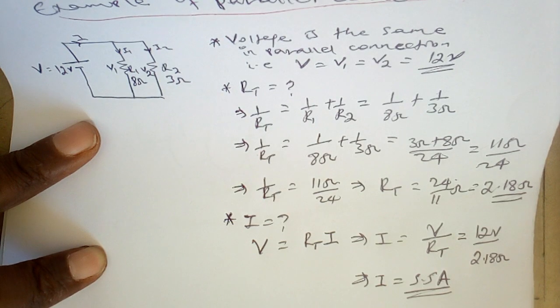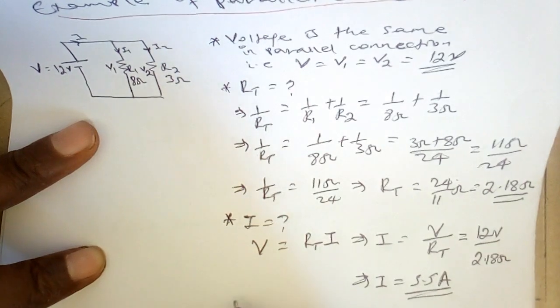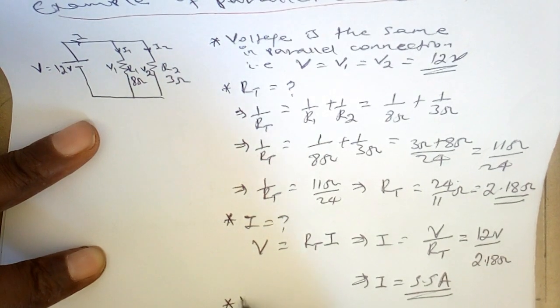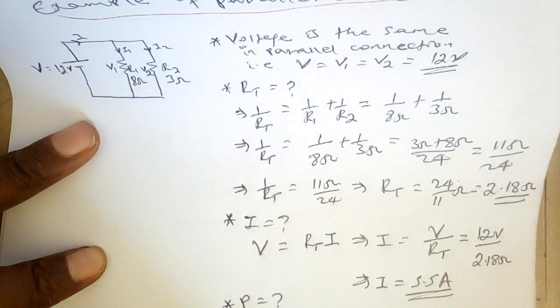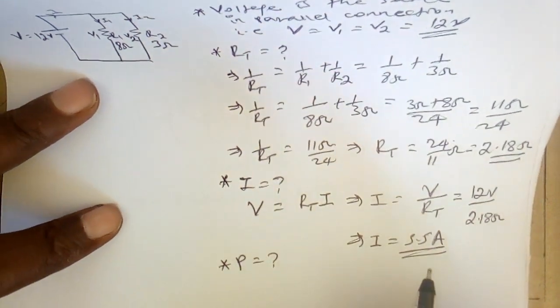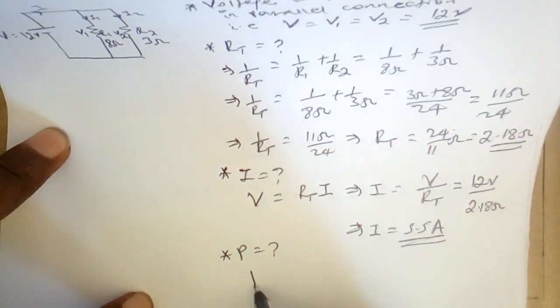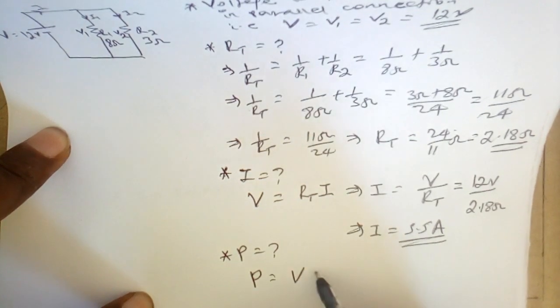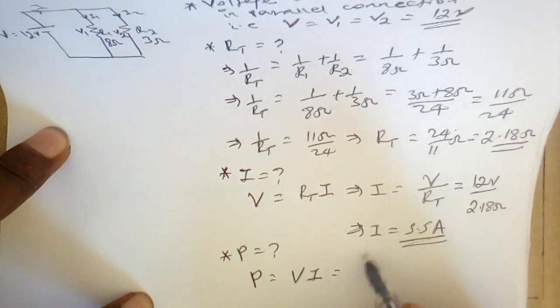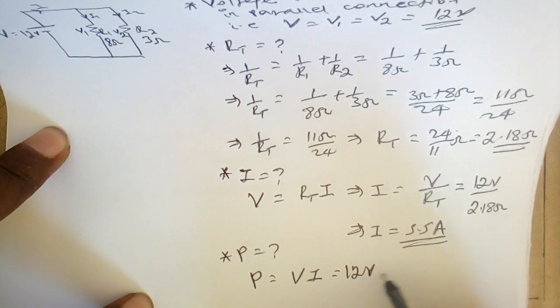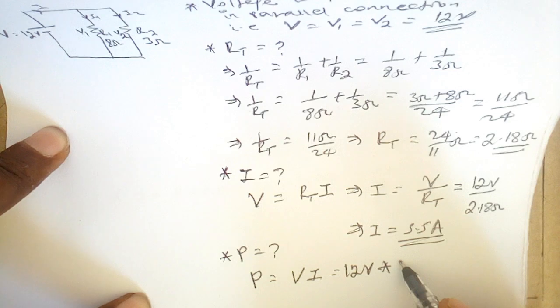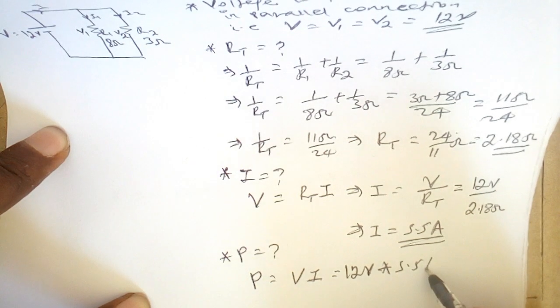So finally, what is left? The power. Calculate power. The power is equal to V times I, or voltage times current. The voltage is 12 volts and the current is 5.5 ampere.